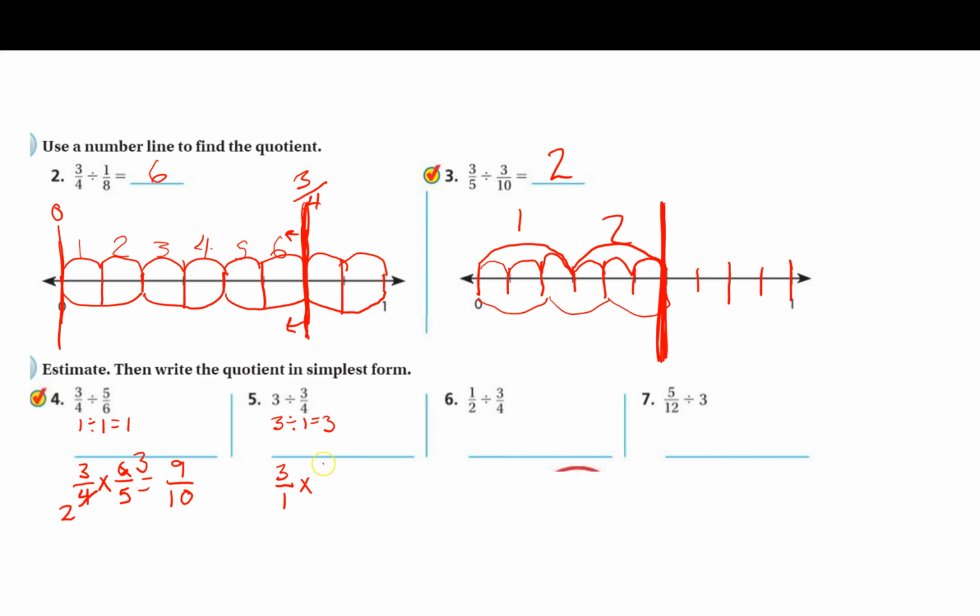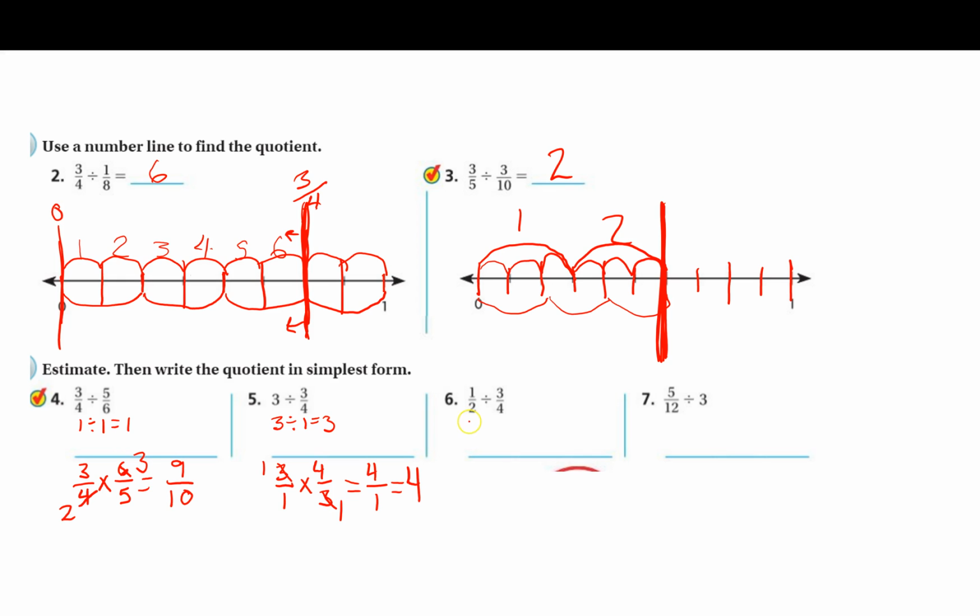Change the division to multiplication and use the reciprocal of the last fraction. Okay, I can cross simplify here. 3 goes into 3 one time, 3 goes into 3 one time there. 1 times 4 is 4, 1 times 1 is 1. 4 over 1 equals 4, and 4 is only 1 away from 3. So I know I have a reasonable estimate.